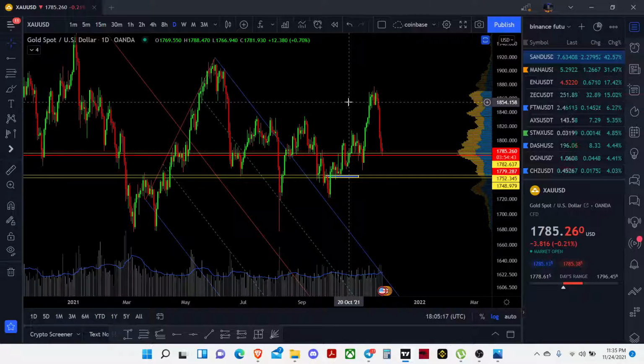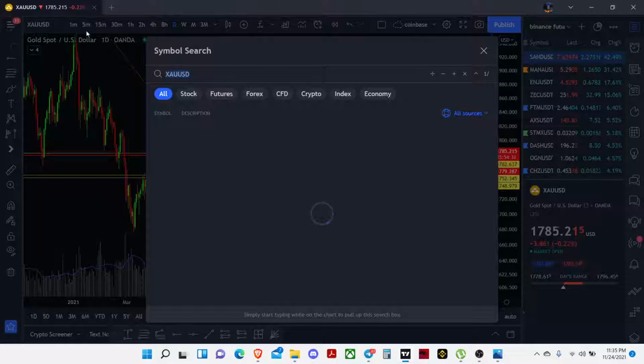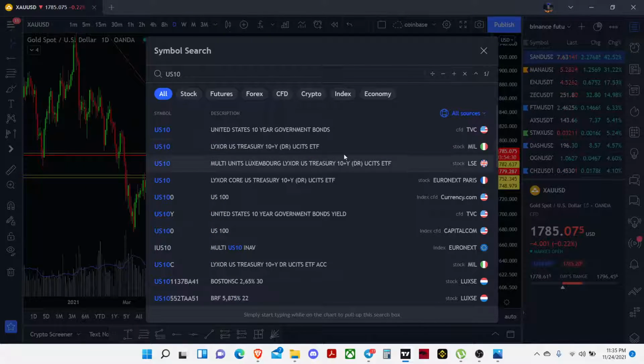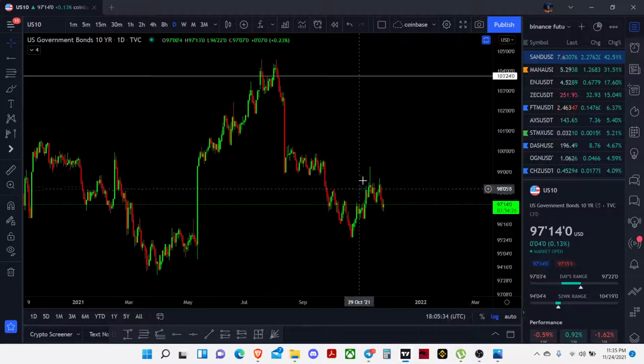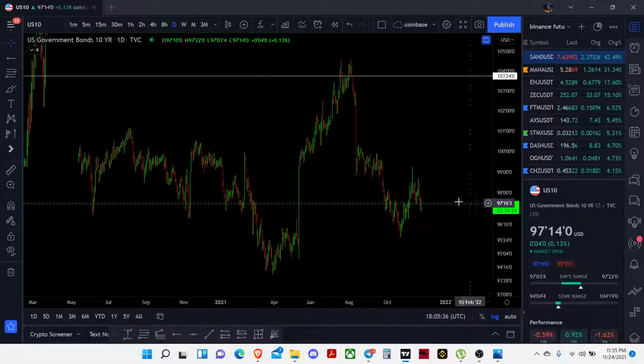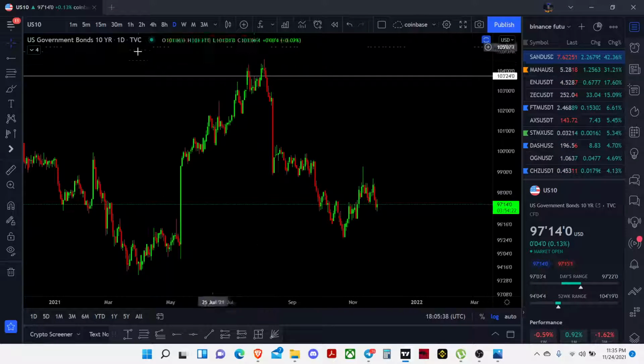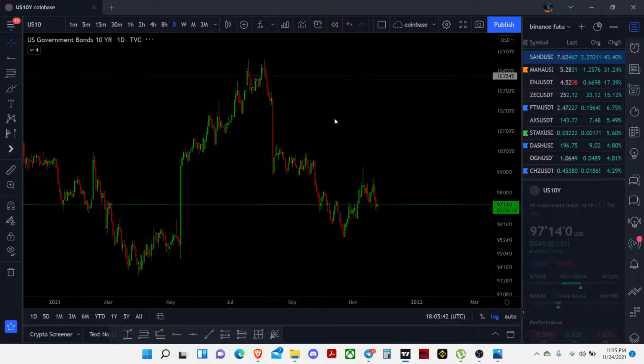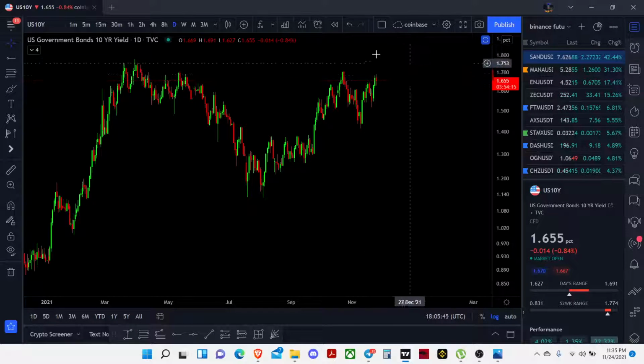So when you're looking at the S&P 500 it's down, but I think the bond market would be somehow going up. If you're looking at the US 10, that is the 10-year government bond, it's making a little bit more. So the bond yield is what I need to look for next time.